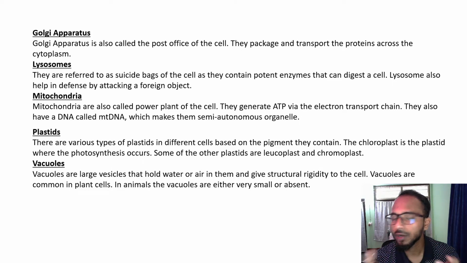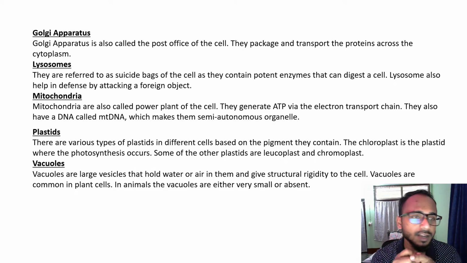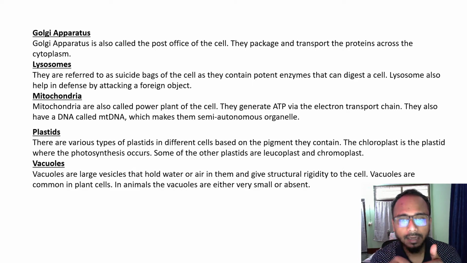Suppose I have a phone. The phone has different parts with different functions performed by different parts. But where do I get the power from? I get the power from the battery. Similarly, a cell has a structure, different organelles, genetic material, it can synthesize protein, it can defend itself.